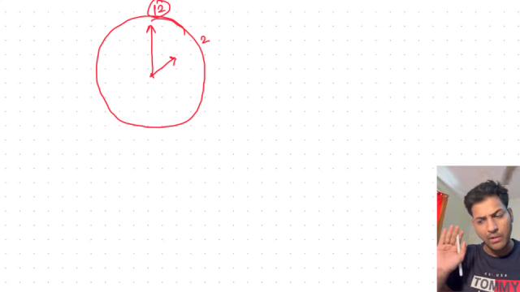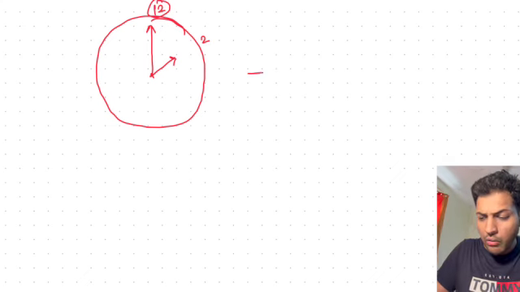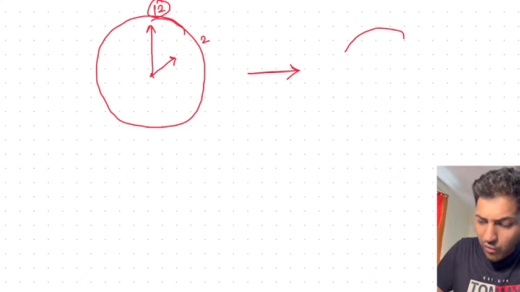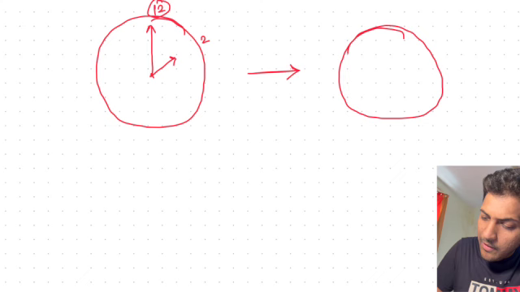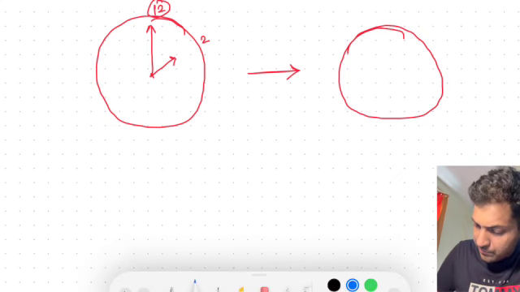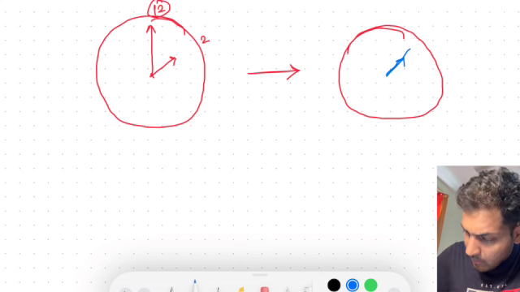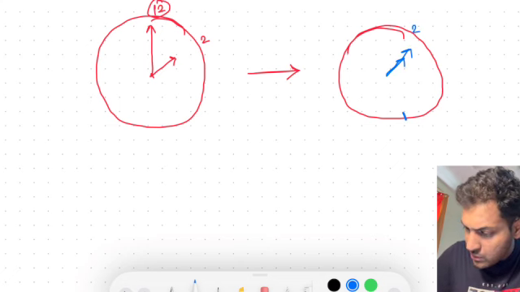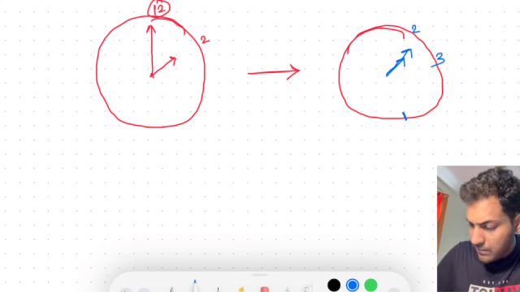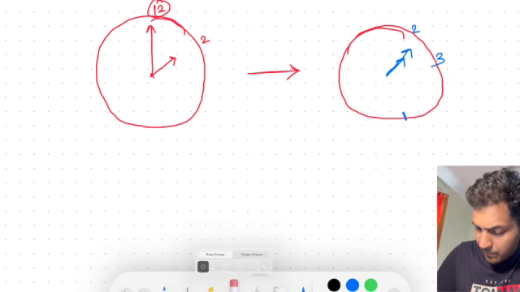Is this simple enough? Now how will you do it? First you imagine the situation when they coincide, and it will be nothing else but like this only, that the hour hand will be like this and the minute hand will be like this. Here it is 2, here it is 3. Post 2 they will be together somewhere.